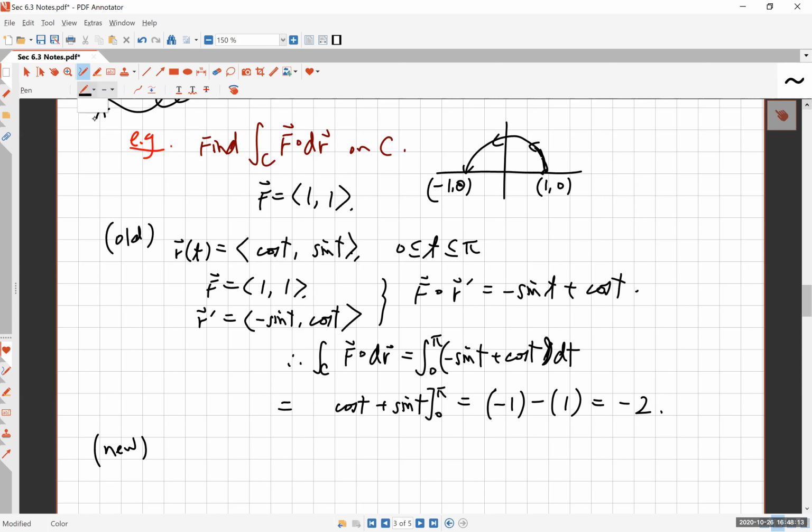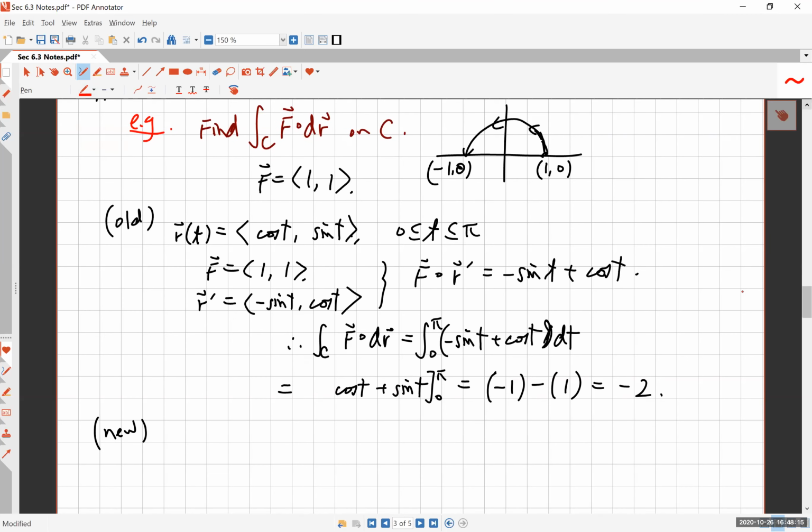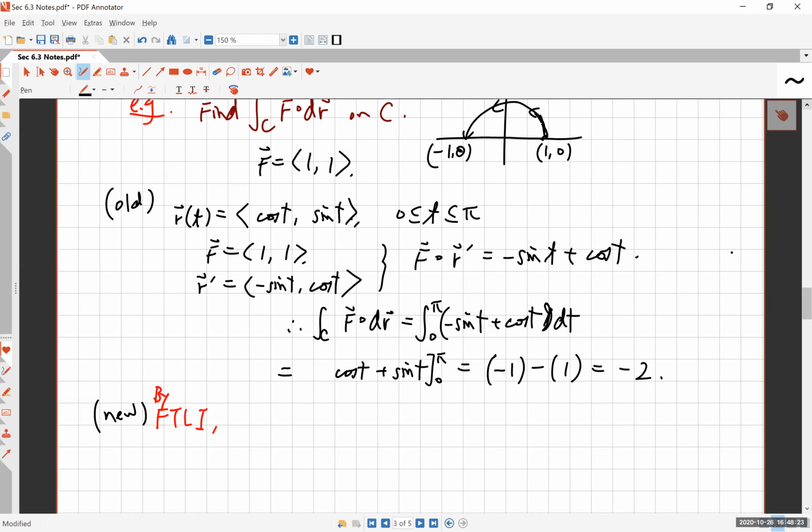Now let's go ahead and apply, and maybe I'll let you just figure this out, using the fundamental theorem of line integrals. So what is the answer here? Well, this is very simply f of (-1, 0) minus f of (1, 0).